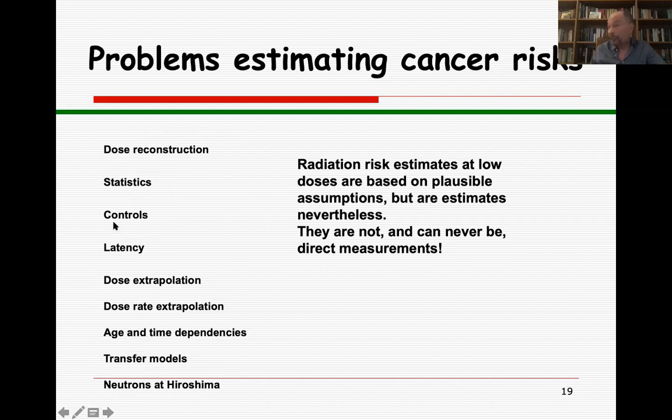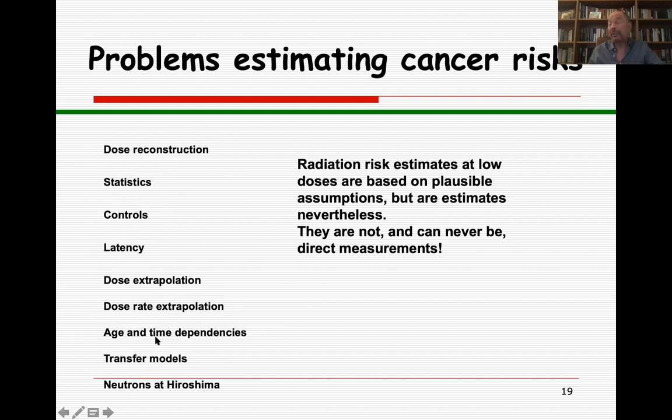You need to have a lot of controls that are real controls. You have to take into account the latency time from exposure to expression of cancer. Dose extrapolation, if it is in a different dose range, dose rate extrapolation, which is one of the most uncertain factors. You remember the DDREF.